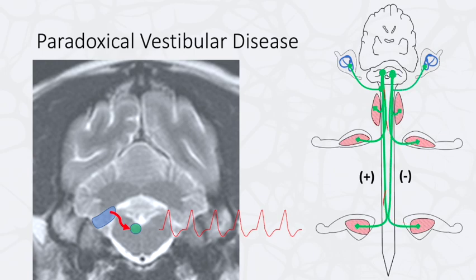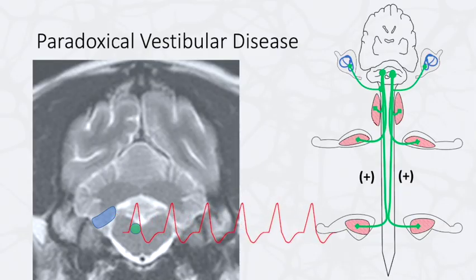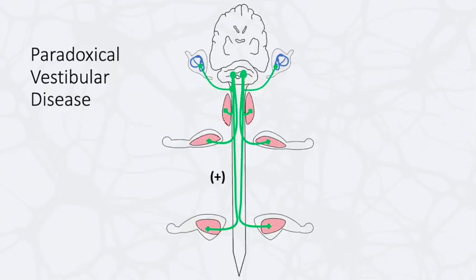Everything is bilateral, so just because there's inhibitory signals going to the other side of the body, everything evens out. But if there's a cerebellar lesion, now we get increased signal from that side where there's the cerebellar lesion. So looking at this, we have a lesion within the cerebellum, so we've lost that inhibitory tone, so now we're going to get increased tone on the side of the lesion because we've lost that inhibitory tone.